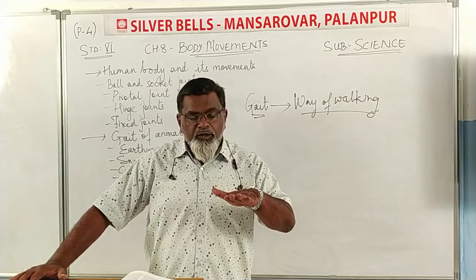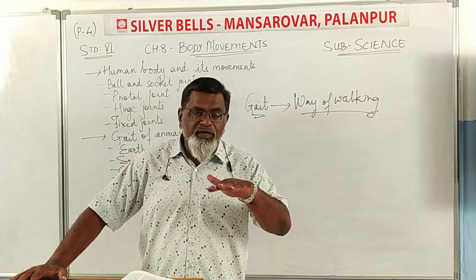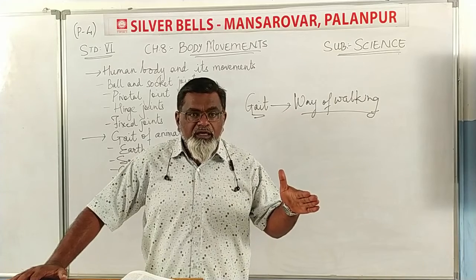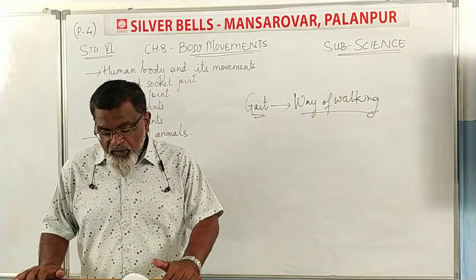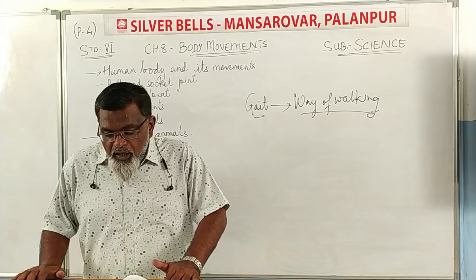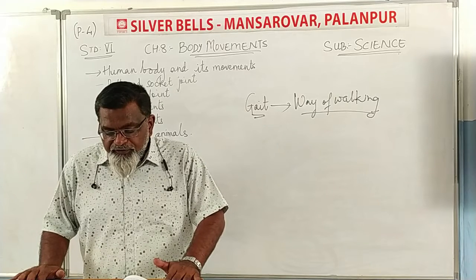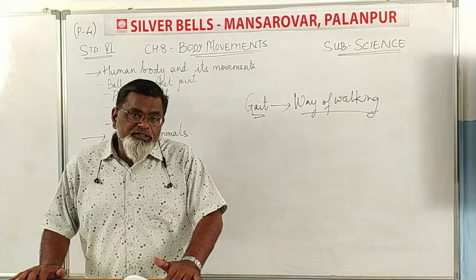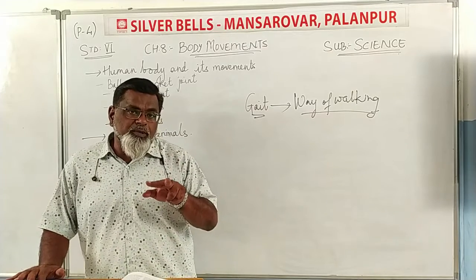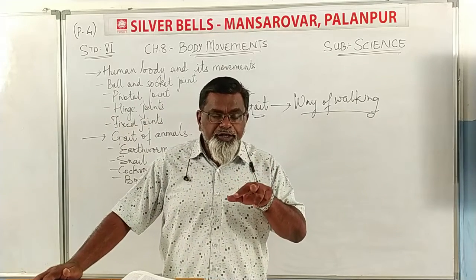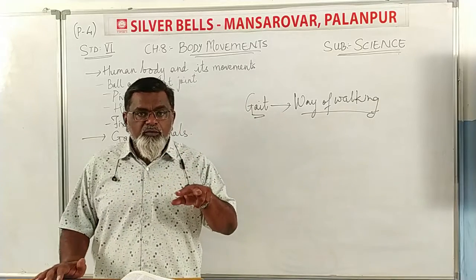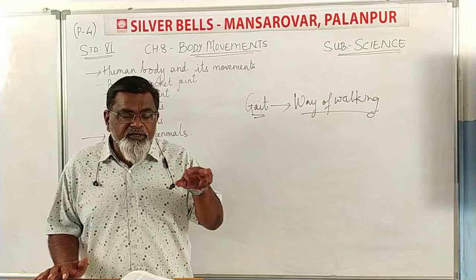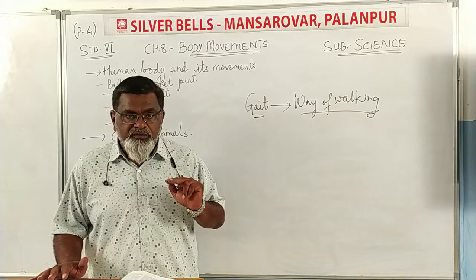Observe that movement. Is it different from that on paper? If we observe the movement on both, the blotting paper and the smooth glass plate, the movements of the earthworm are different.